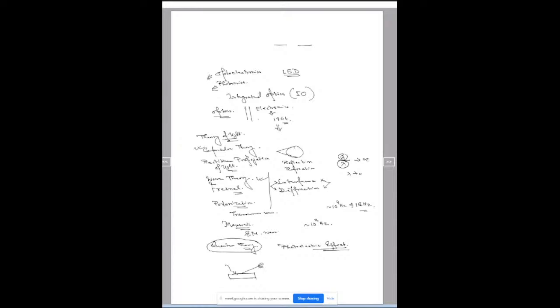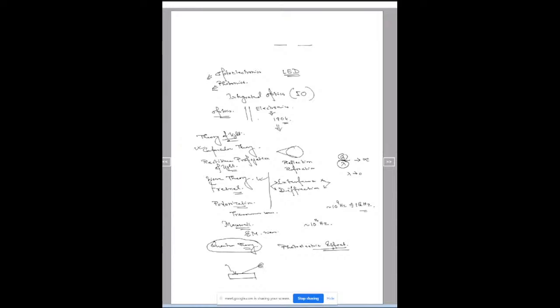The basic physical phenomena, or rather mechanisms, which are involved are very, very important. Sometimes you study from books and routinely mug up certain things, and you do not understand them. So I'll try to make it as clear as possible.